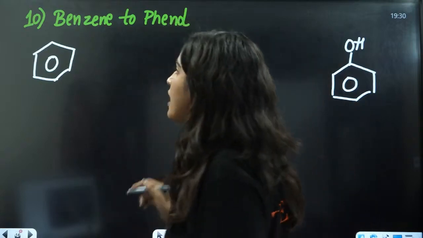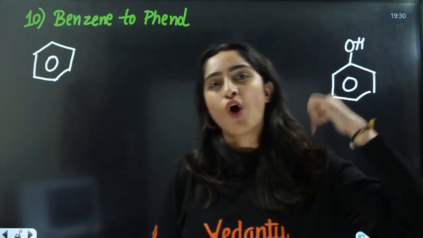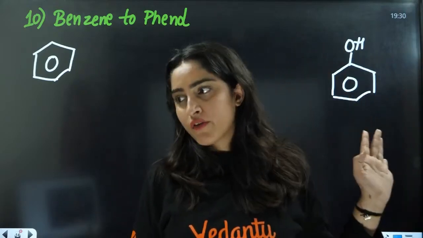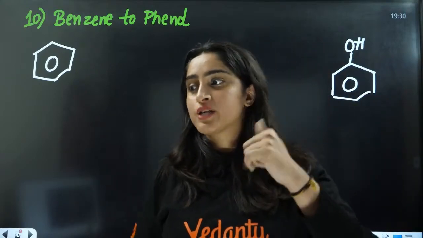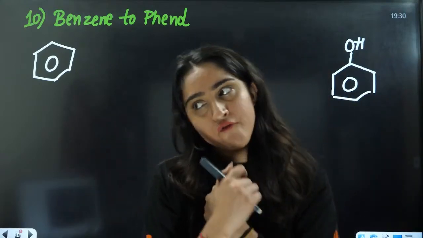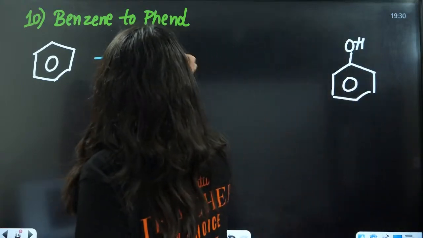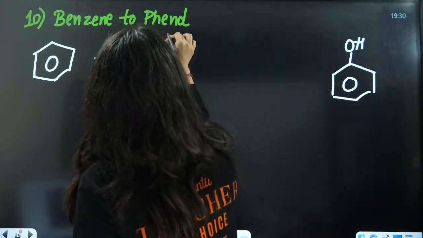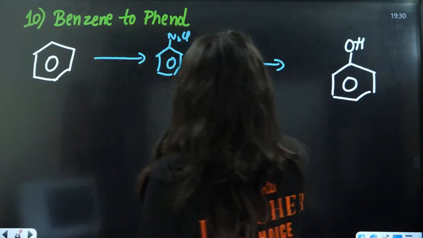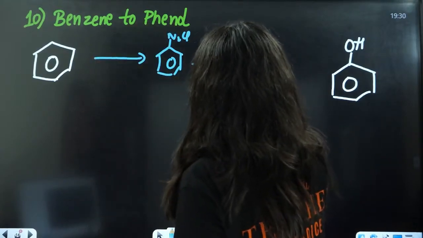Now, I know for making phenol, I have so many ways of making phenol. Very nice. You can do the diazotization. There are so many ways of doing this. You can convert it into N2Cl, then warm it.